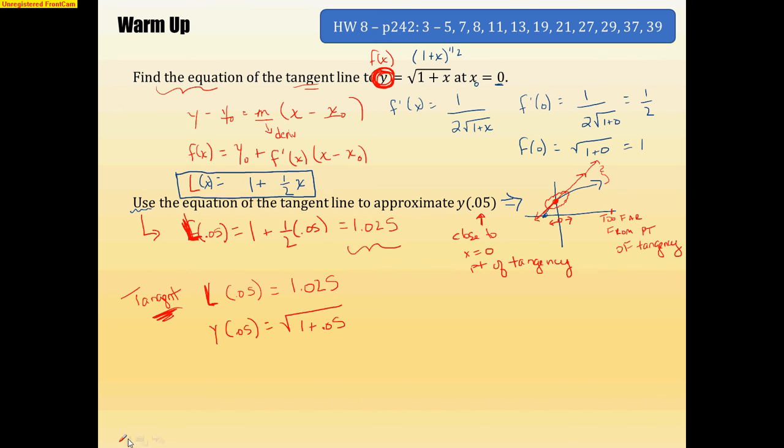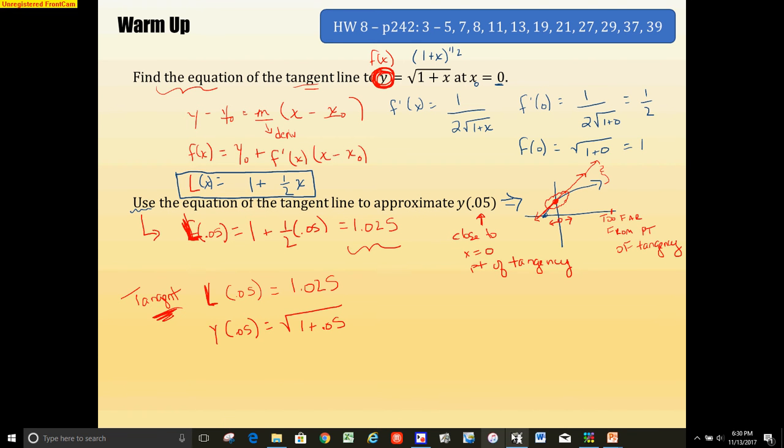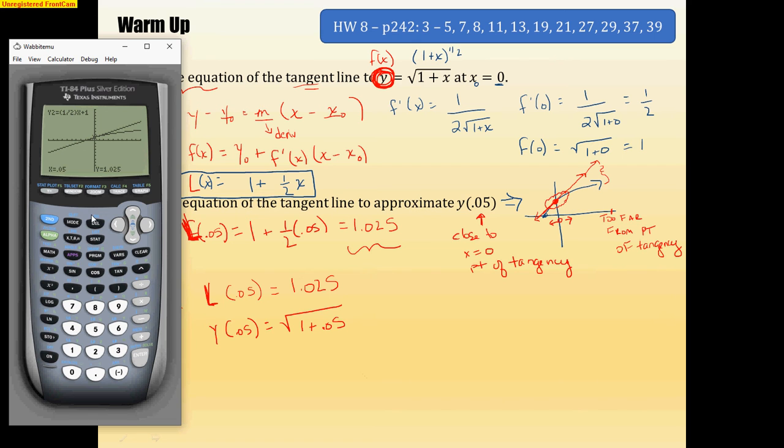Into y1, put 0.05. Gee, I get 1.024 blah blah blah blah. Pretty close though, right? 1.0246.